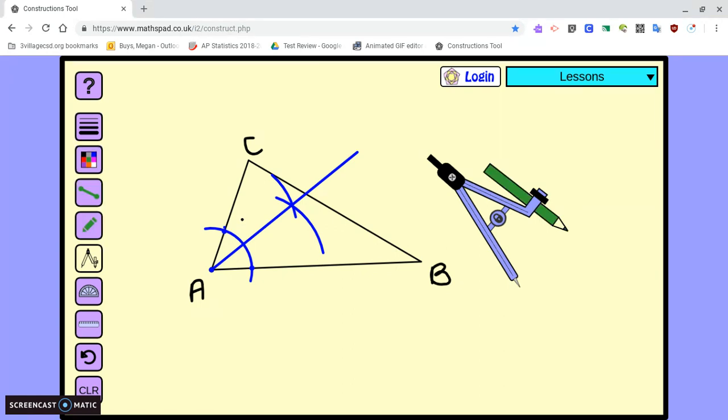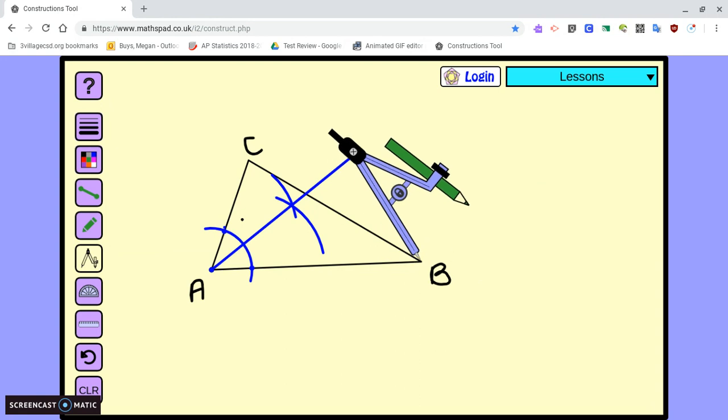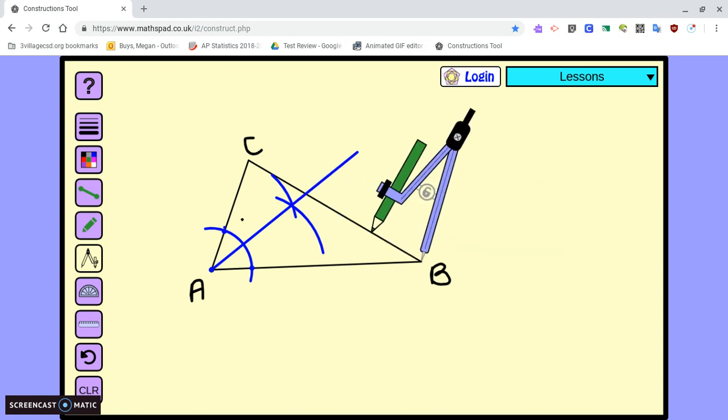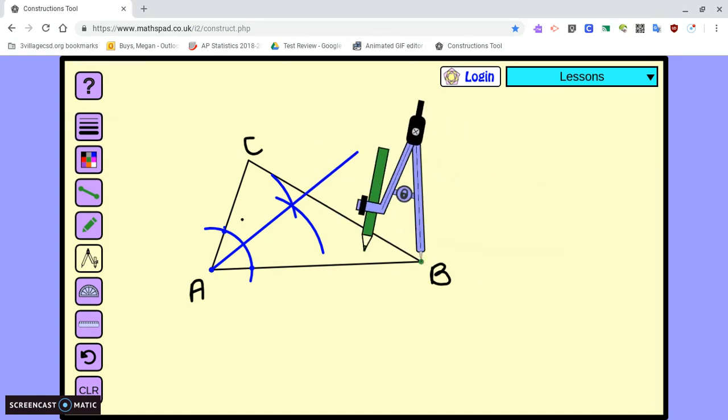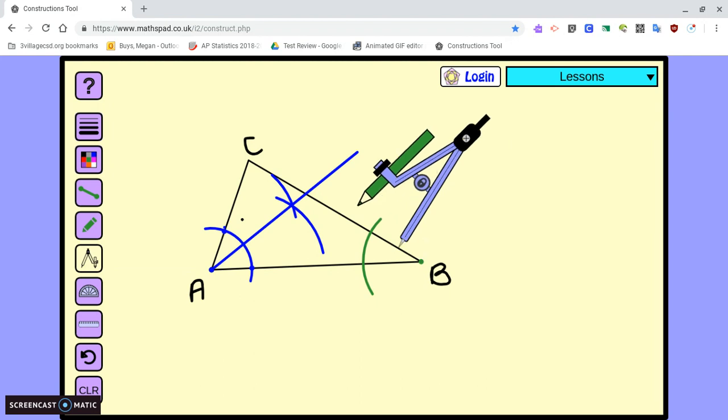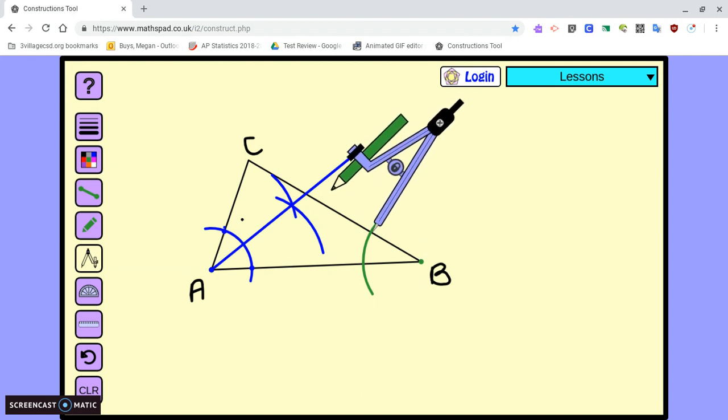We're going to do exactly the same idea, but this time from angle B. So we want to start with an arc that starts at B and goes through both sides. We make an intersection point here.